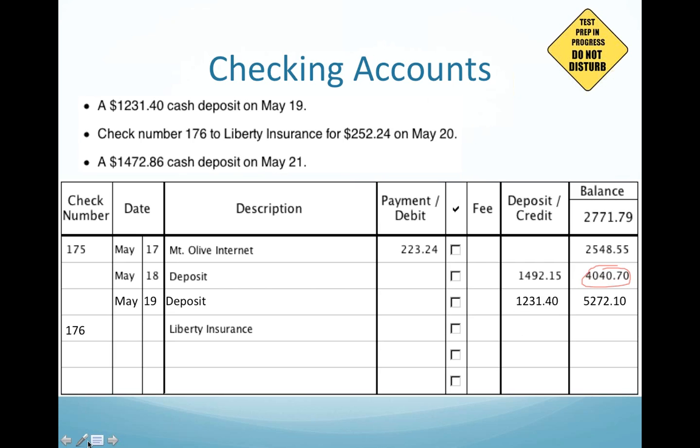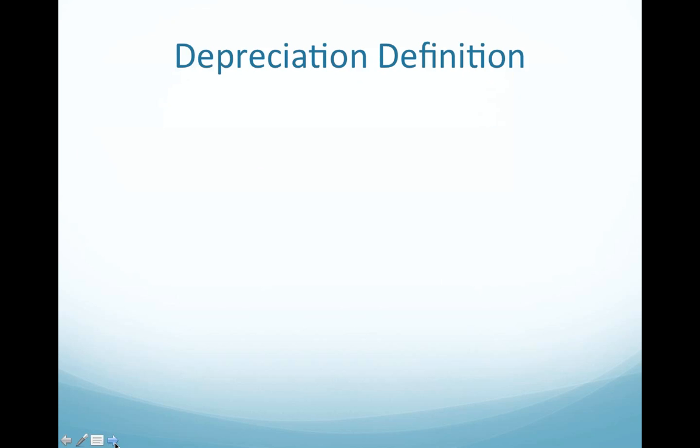Another common mistake folks make is they don't put in the check number, and then it gets marked wrong for that as well. Put in the date, then the payment for the insurance. Then we subtract that out. Then we put in the date and the deposit. We add that amount. And so that's the balance. But we always make sure that we keep a running balance as we go along.